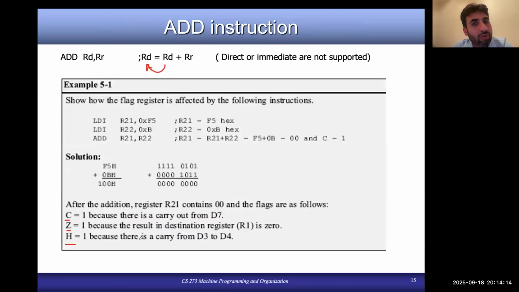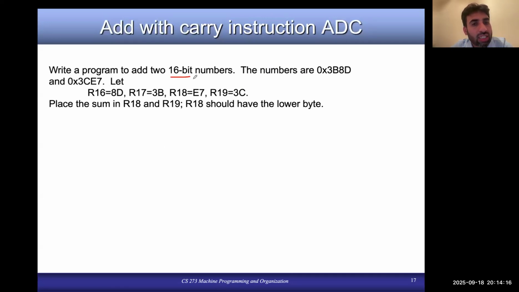But this time we want to add two 16-bit numbers, so we cannot hold them in one single register. Let's say A is a 16-bit number and B is a 16-bit number. One of the numbers we want to add is 0x3b8d, and the other one is 0x3ce7. Each one of them is 16 bits in size, so we cannot hold them in single registers like R1 or R2.